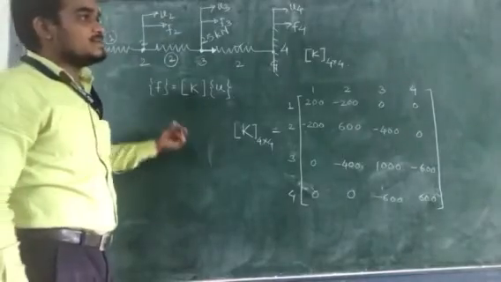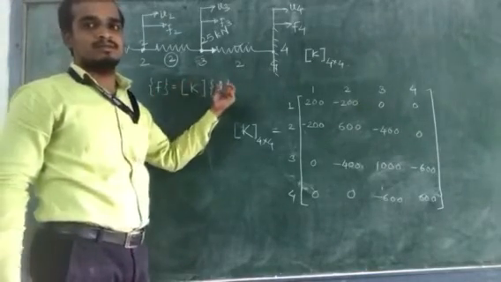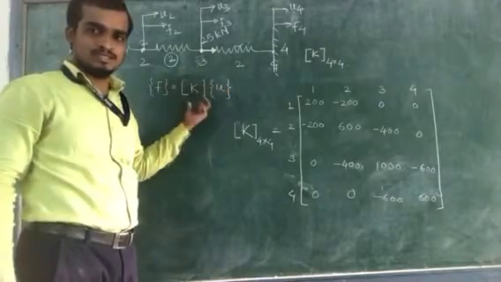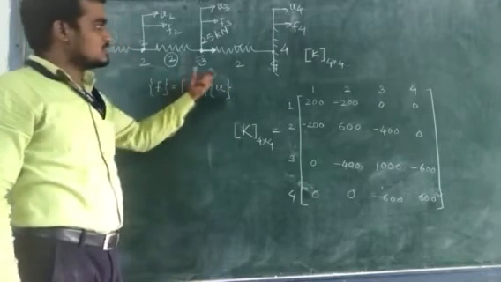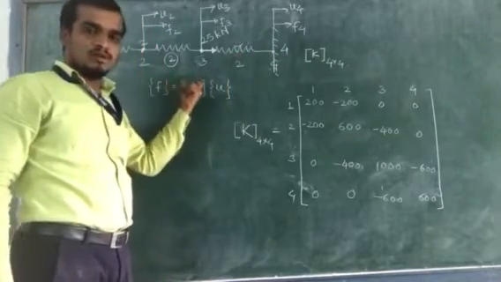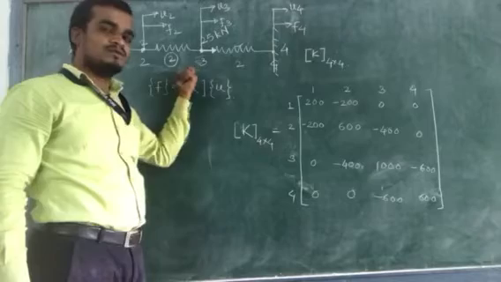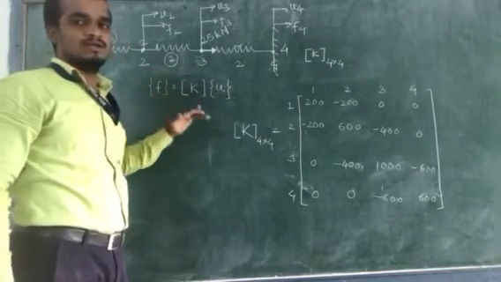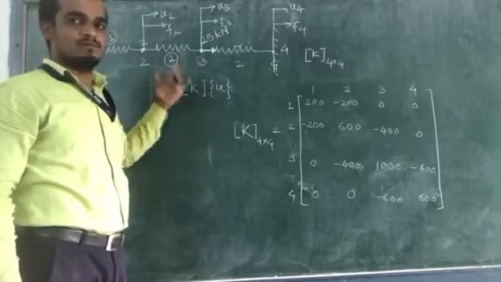It depends on the number of nodes. Means the number of equations must be equal to the number of nodes. Here the number of nodes is equal to 4, so the number of equations will be equal to 4.